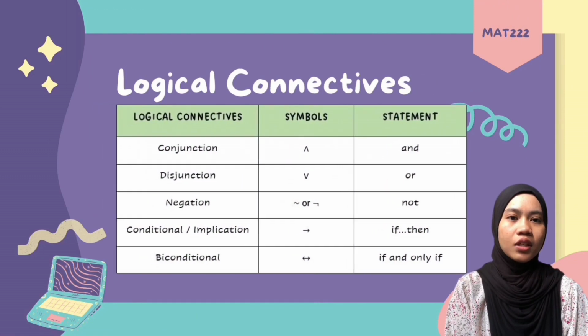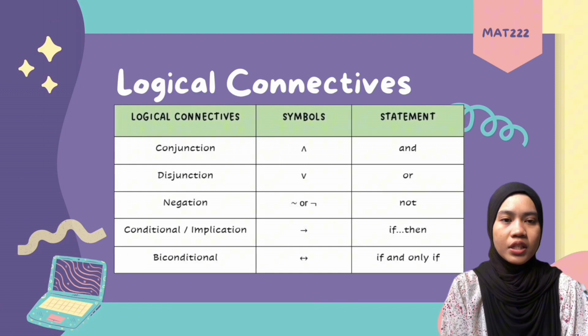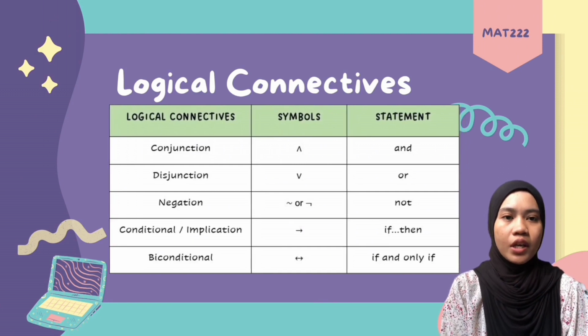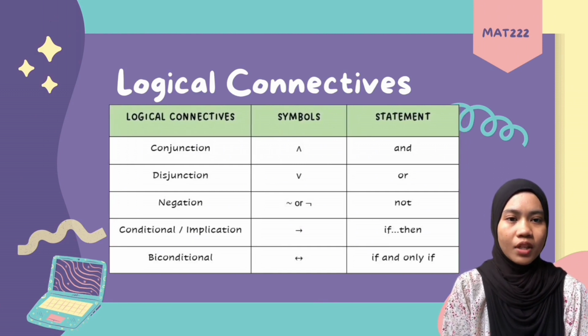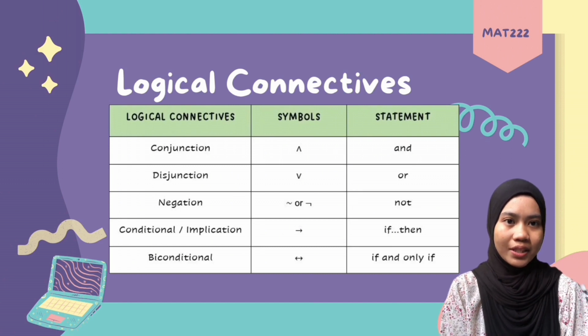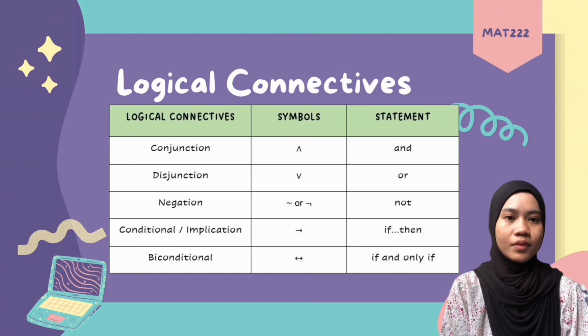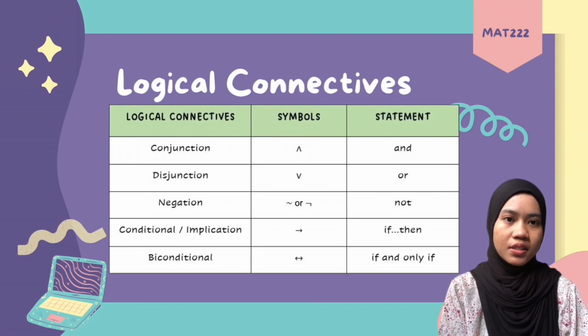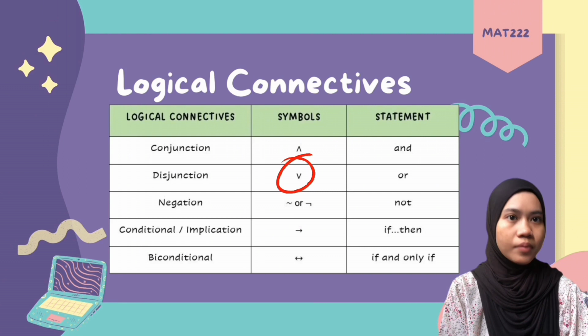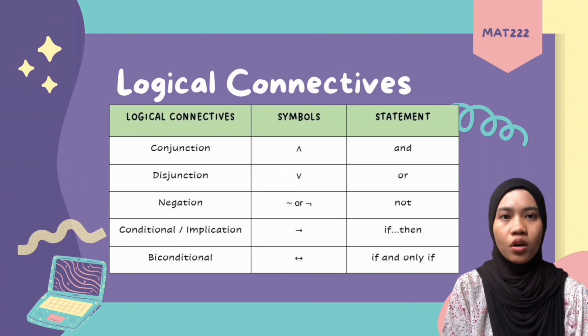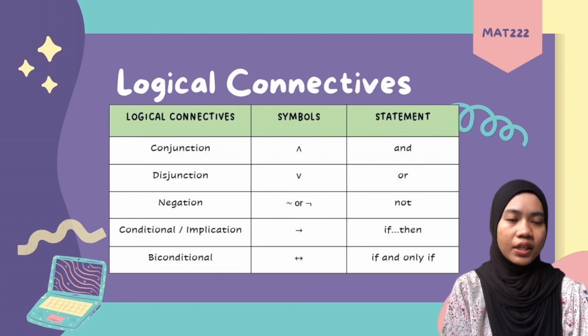There are several logical connectives. Each logical connectives have their own symbols and statement. The first one is conjunction and the symbol. The statement is and. The next one is disjunction, the symbols. And the statement is or. The next one is negation.